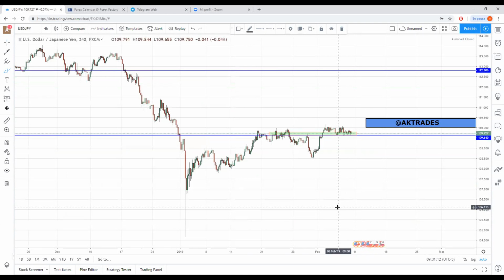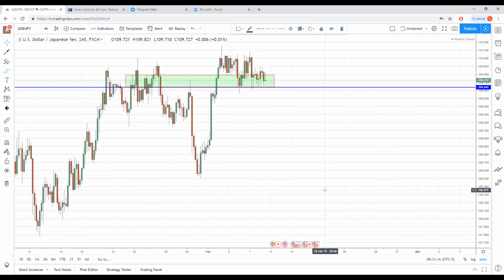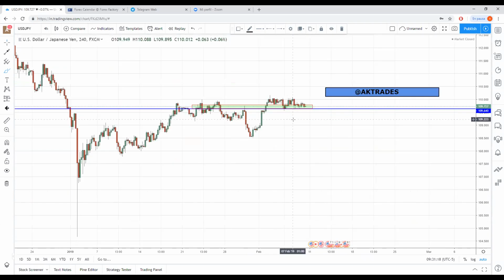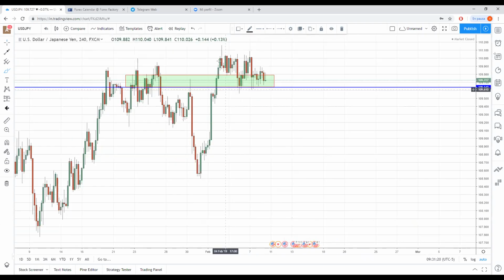Continuing on, the dollar yen. Last week we were discussing a short trade idea around this area. I wanted to look for shorts. Price this week shot up and went above my designated short area, but then it just started to consolidate around here.